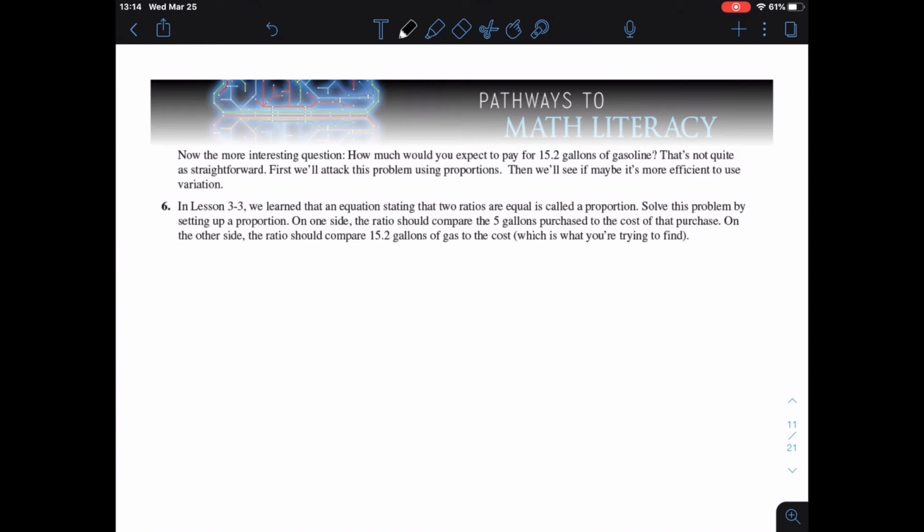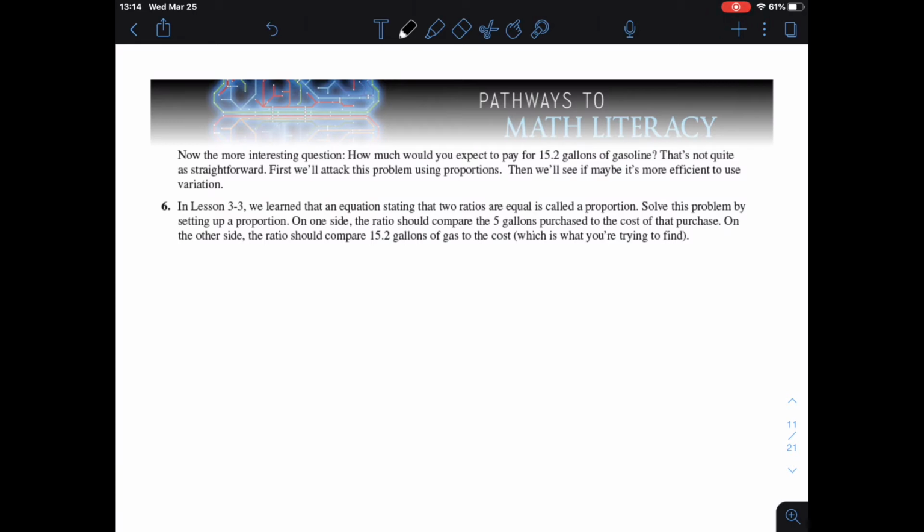Now if we go to something a little bit more complicated, what if we have 15.2 gallons? It's not as simple because I can't just multiply the 5 by something to get 15.2. I can't think of that off the top of my head. So in this case, we're going to use that direct variation. We learned about proportions, so we can set this up using a proportion.